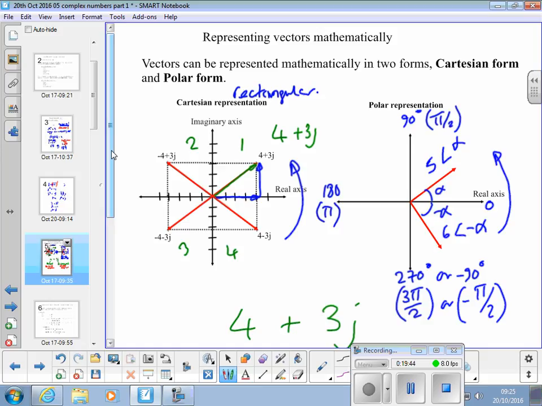Again, either in radians or in degrees. We'll come back to the polar representation in a bit more detail later. Okay, I'm going to major on the rectangular to start with. Right, everyone happy to move on to the next bit?